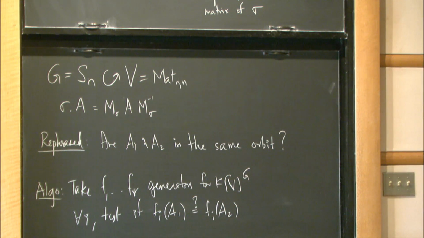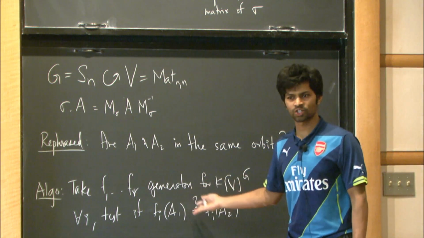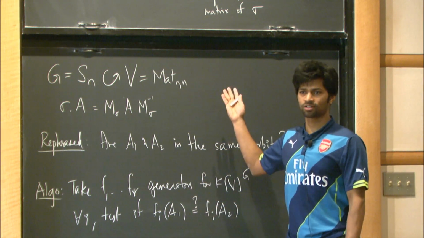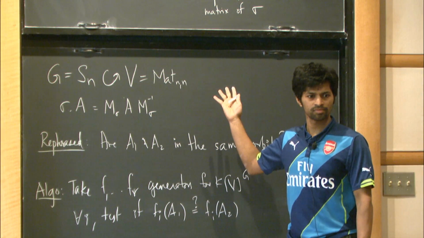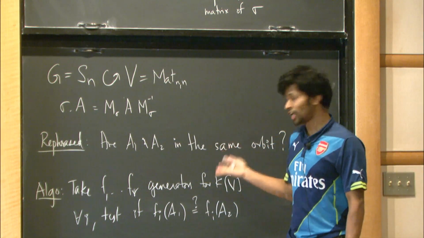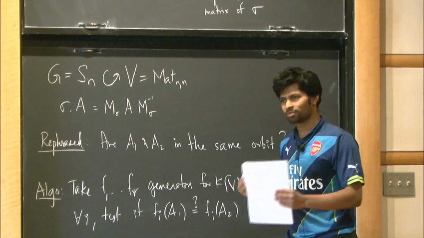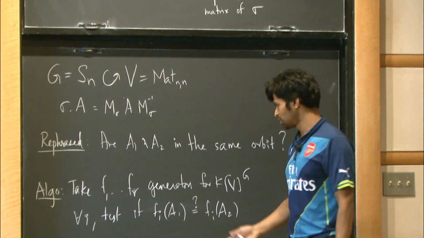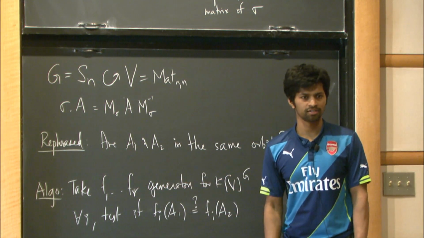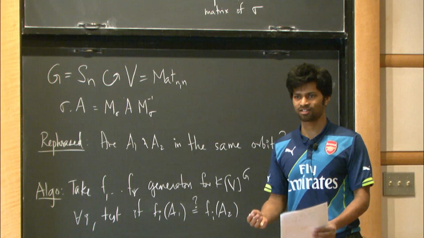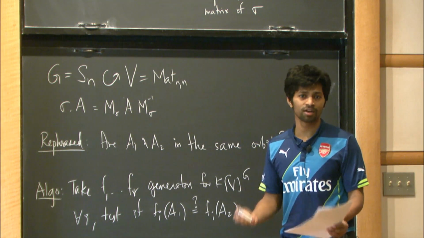And if you could do this entire process efficiently, you would have an algorithm for graph isomorphism. So the challenge from the perspective of somebody who's purely in algebra is to describe a good generating set. And you want to keep in mind that good means you should also be able to compute it efficiently.